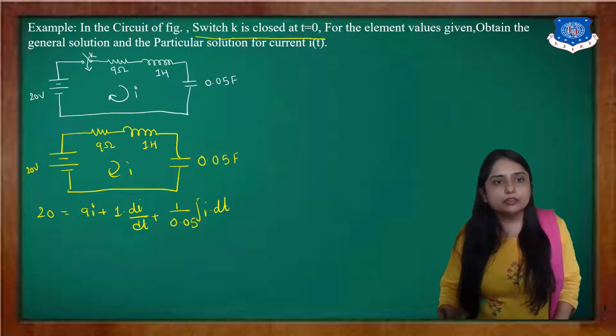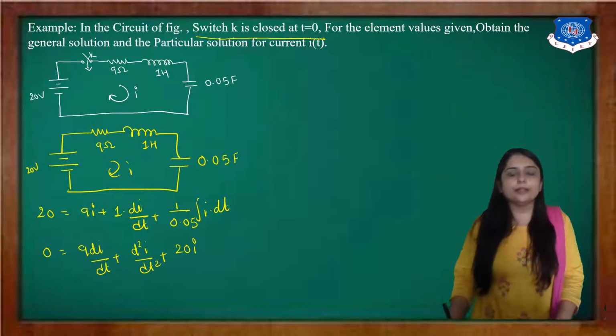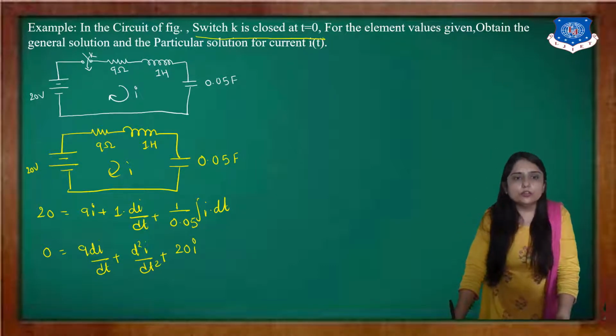So what I get is 0 equals 9 di by dt plus d square I by dt square plus 1 upon 0.05, that means 100 divided by 5, so 20 into I.